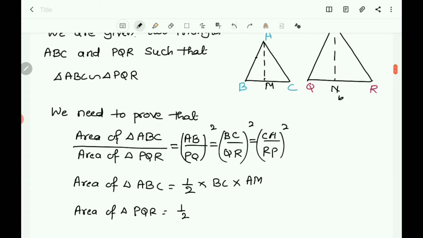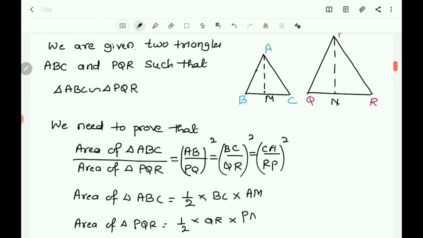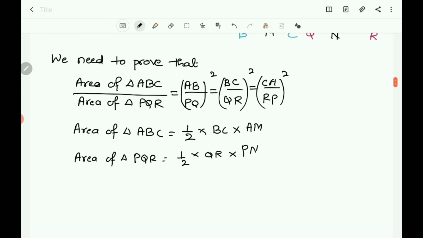So half into QR into PN. So you got the area of triangle ABC and area of triangle PQR.